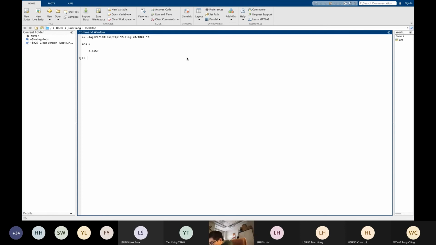So we can see that between the percentage overshoot and zeta, there's such a relationship.